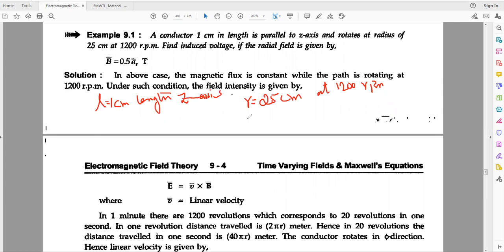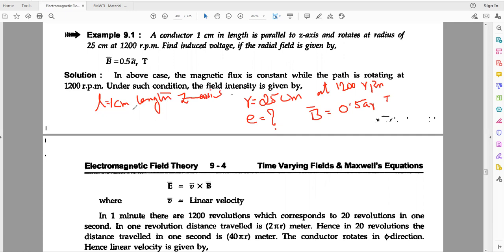Find the induced voltage if the radial field is given by B bar is equal to 0.5 a_r bar, in Weber per meter square, that is Tesla. These are the given data.